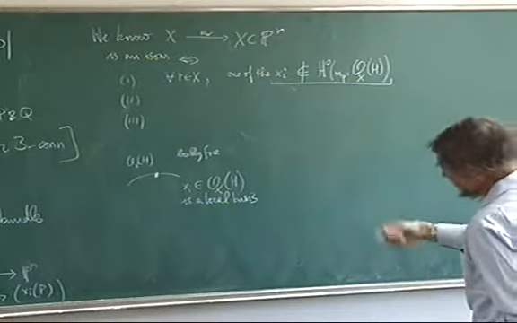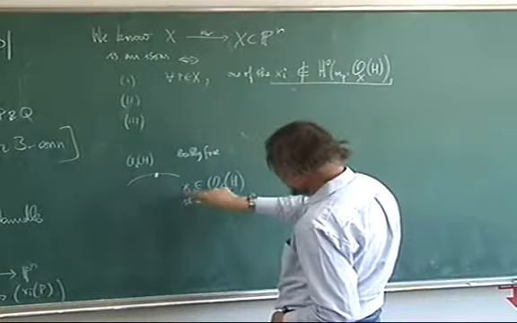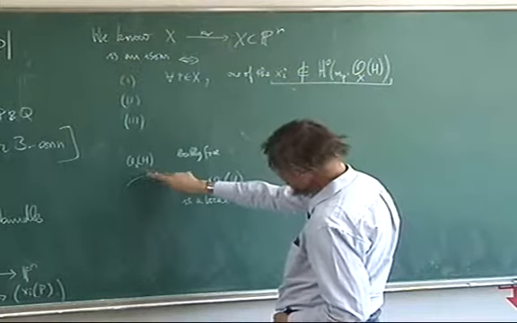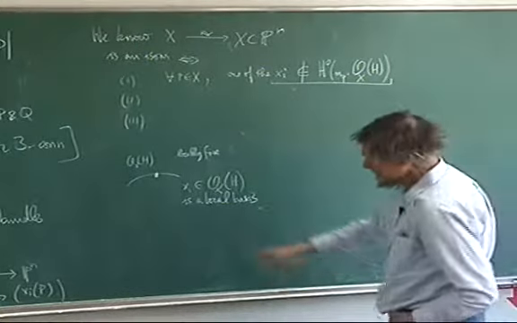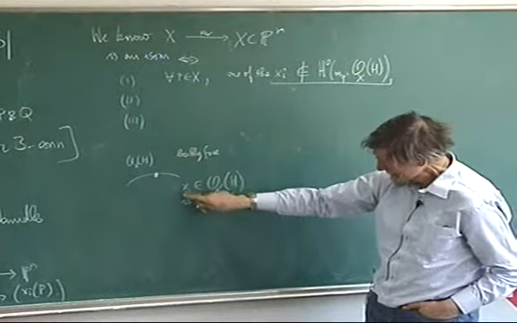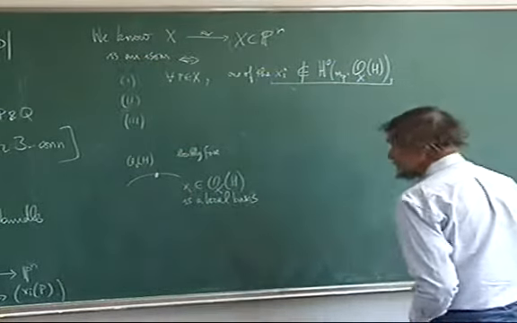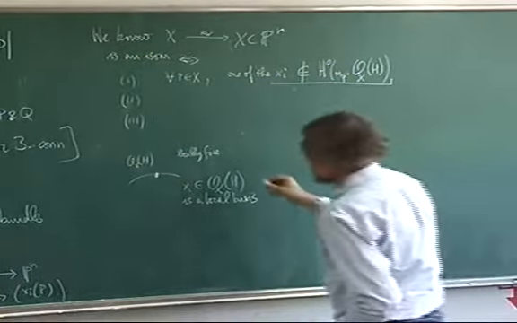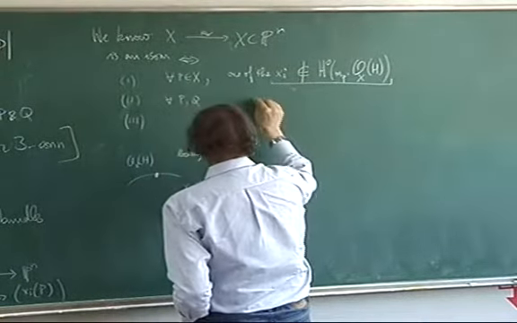If I take a local basis, then I can write xi equals some function times the local basis. That's what it means to have a local basis. Then I'm saying here that this xi is a unit multiple of a local basis, so it's itself a local basis.